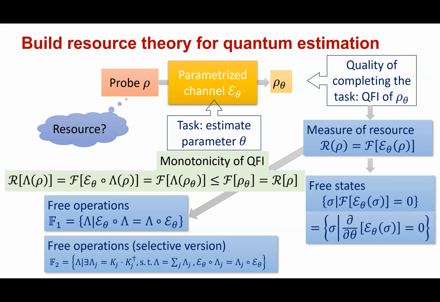Why people are interested in the selective version is that one can think of a quantum channel as a measurement, and if we know the measurement result, the channel is still free. So people are also interested in the selective version of the free measurement. So this completes the recipe to build the resource theory for quantum estimation.